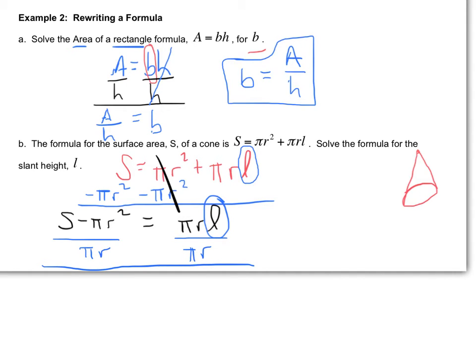So pi r divided by itself, or another pi r, cancels. That's going to leave us with L. That's what we're looking for, so that's a good sign. And on the other side, we've got to see if we can simplify a little bit better. Because I see a minus in between those two, so subtraction, I'm actually going to separate the two terms with the pi r underneath.